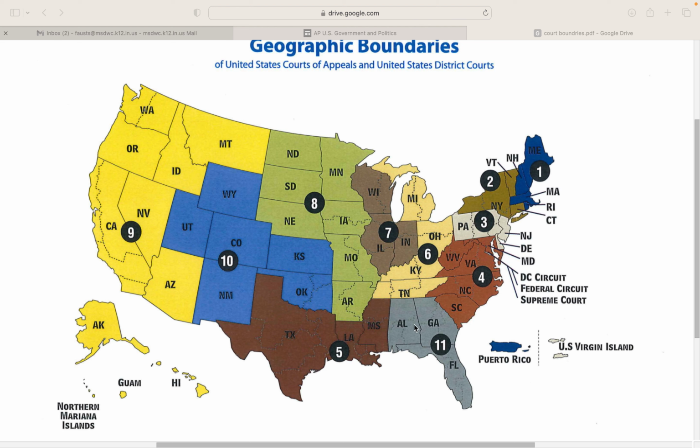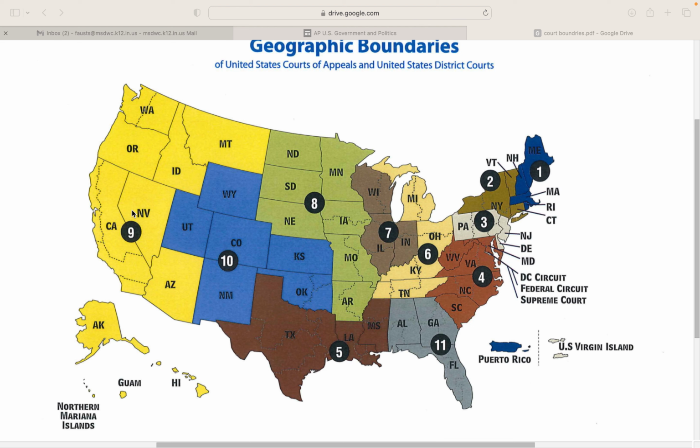So what you have is potentially, because of different ideologies of these judges, you could have the 7th Circuit interpret and rule one way on your appeal, and then you could have the 9th Circuit justices on those appeals courts rule a completely different way.